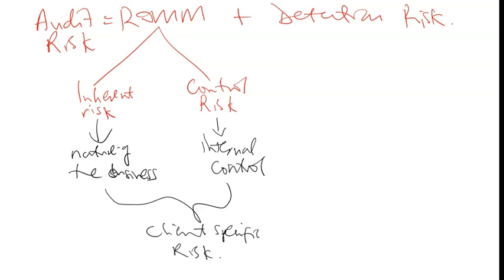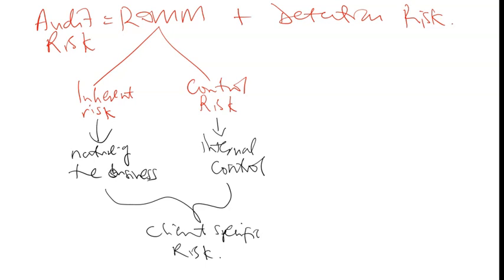So something should be wrong within the client's system that might trigger the risk of material misstatement. However, having the risk of material misstatement alone is not going to create audit risk unless there is detection risk, because the client might be in error, but if the auditor's processes detect those errors, then there was no audit risk, only risk of material misstatement.